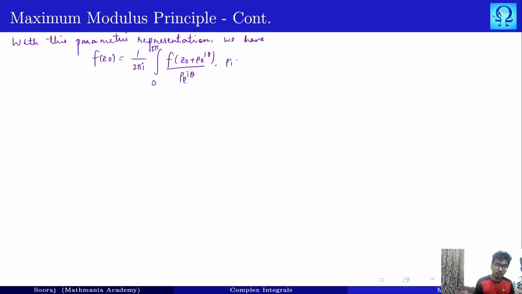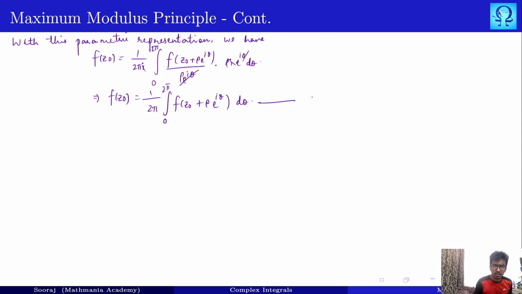It is rho iota e power iota theta d theta. Okay, this gets cancelled and this iota gets cancelled, and we are left with f of z naught equals 1 upon 2 pi integral 0 to 2 pi f of z naught plus rho e power iota theta d theta. This is what we have, right?